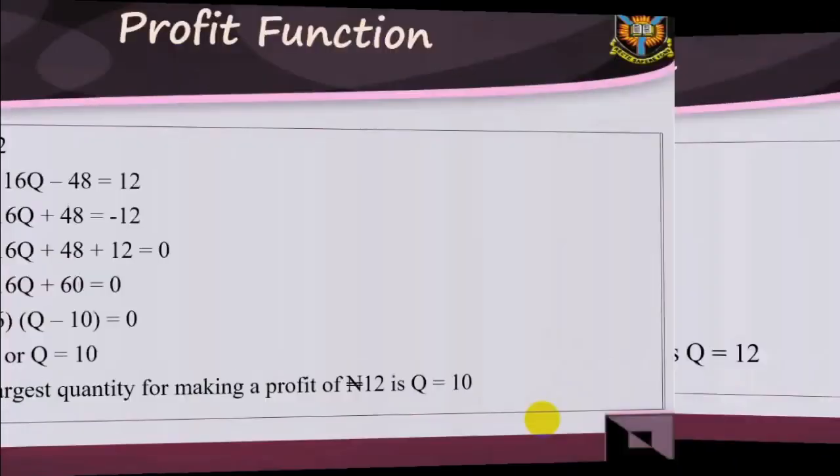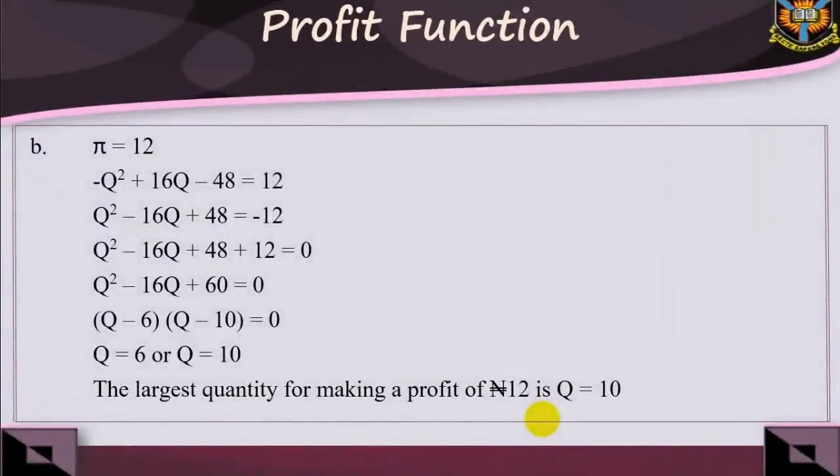B. When profit equals 12, minus Q squared plus 16Q minus 48 equals 12. Q squared minus 16Q plus 48 equals minus 12. Q squared minus 16Q plus 48 plus 12 equals 0.